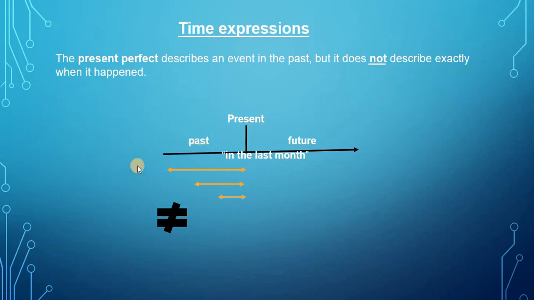So here we have the time we've already seen. We are describing an event sometime in the past. We do not know when. Example, I have been to Malaysia.